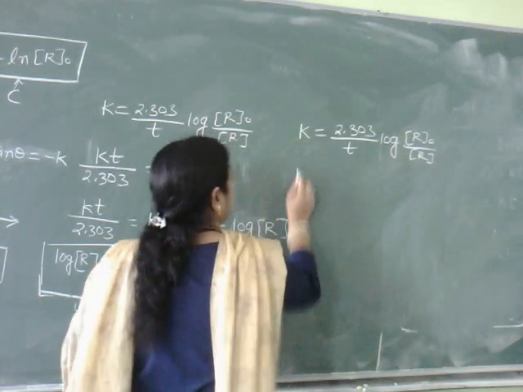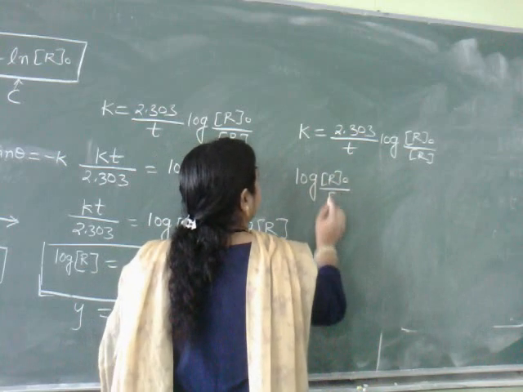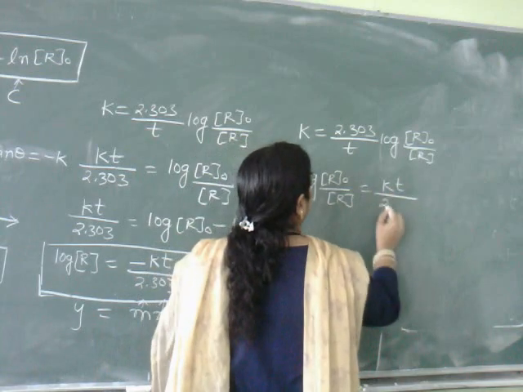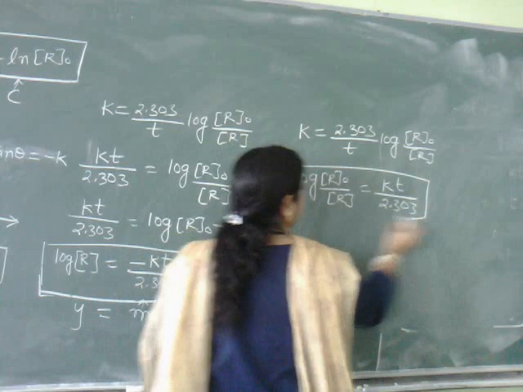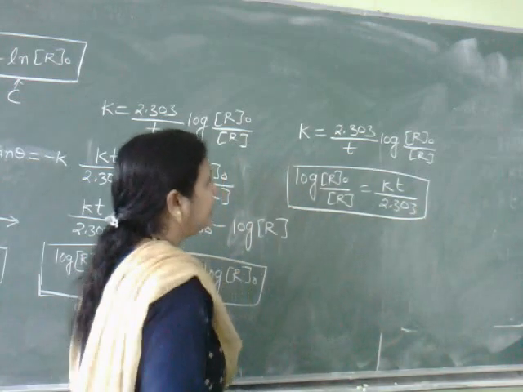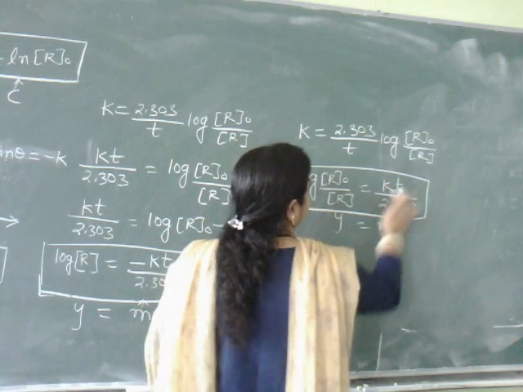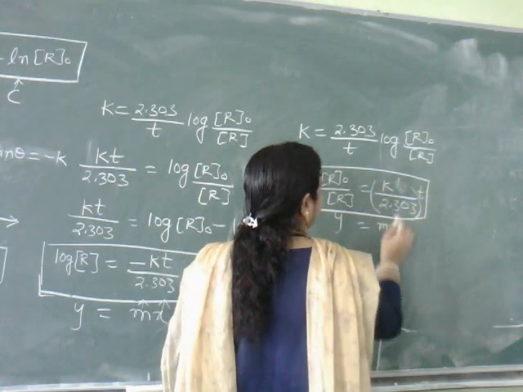And if you write here log r naught by r is equal to kt upon 2.303. So by using this equation also we can draw a graph. This is y = mx. So this is t, this is m.